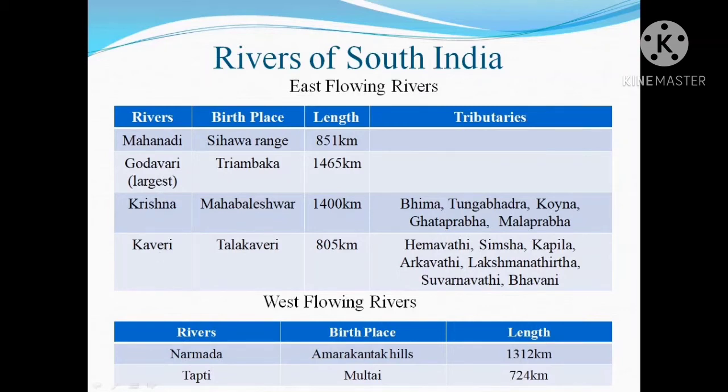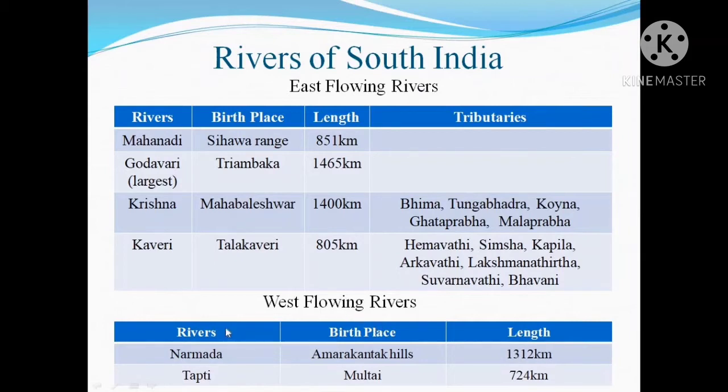And another very important one from Karnataka, Kaveri, which takes its birth at Talakaveri, 805 kilometers in length, and its tributaries are Hemavati, Shimsha, Kapila, Arkavati, Lakshmana Tirtha, Suvarnavati, and Bhavani.